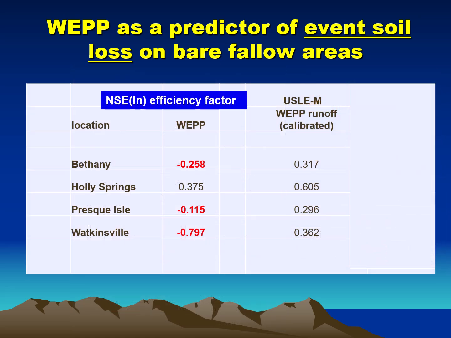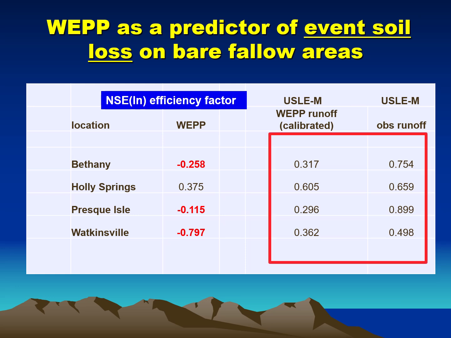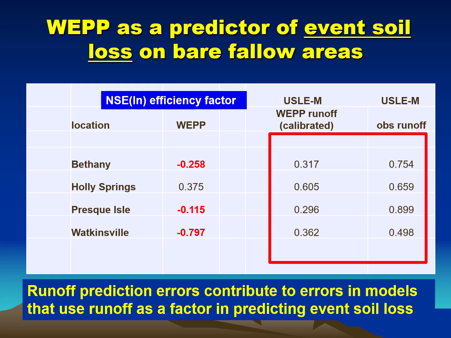As you can see, if you use observed runoff, you will get much better modeling efficiencies. Runoff is a factor that will contribute to errors because it has to be predicted in predicting event soil loss.